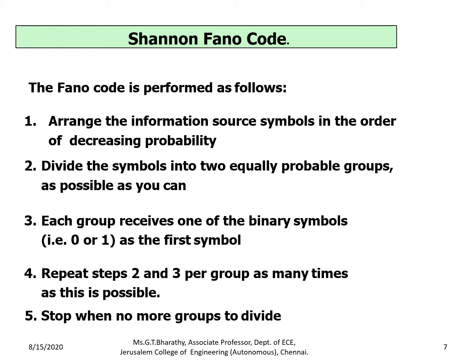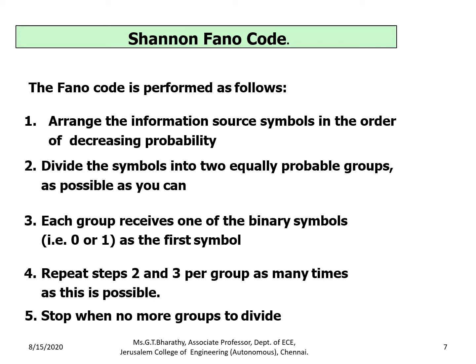Let us see the procedure to be followed for the Shannon-Fano code. A Fano code is performed as follows. First step is to arrange the information source symbols in the order of decreasing probability, which is similar to the Huffman code. Second, divide the symbols into two groups that are as equally probable as you can.